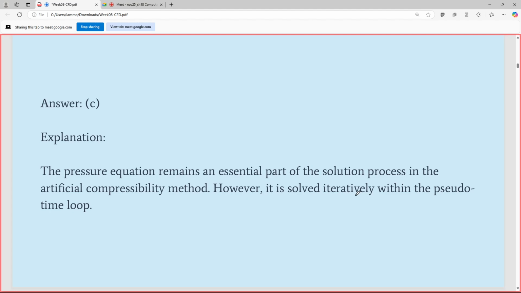And this term, β² ∂p/∂t, is iteratively solved in a pseudo time loop.